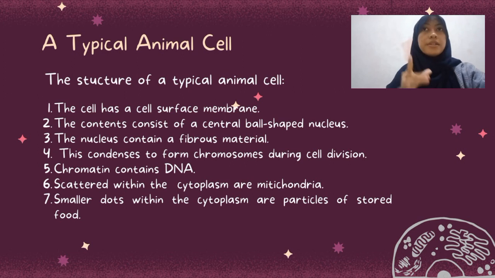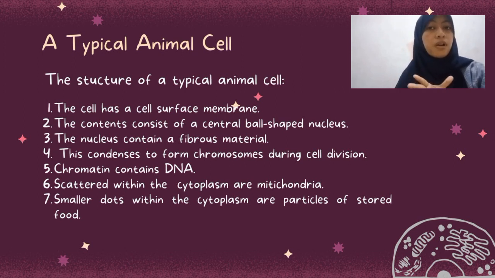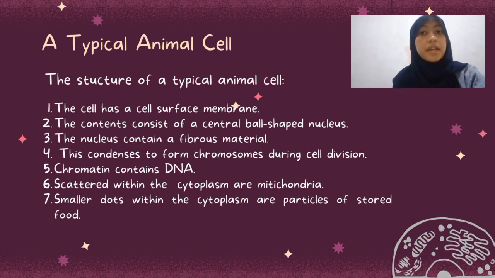Third, the nucleus contains fibrous material. The fibrous material is called chromatin. Fourth, the chromatin condenses to form chromosomes during cell division. Fifth, chromatin contains DNA. DNA is the material that controls various activities of the cell.